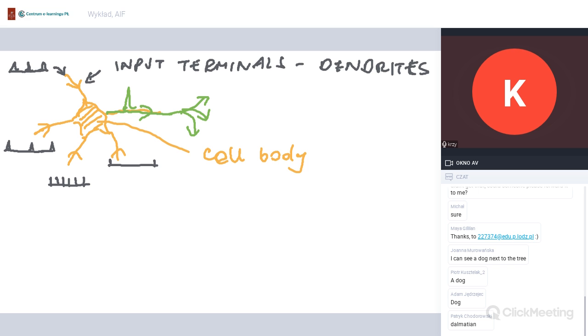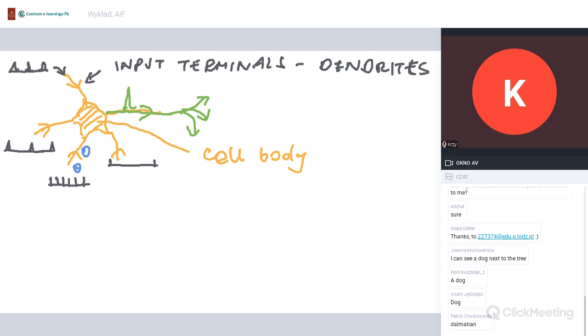So it is a very, very coarse picture of what happens in a neuron. But basically, what happens is that I have these small charged particles. Let's say these are positive or negative. Every dot is a charged particle, and I am applying these particles to terminals.